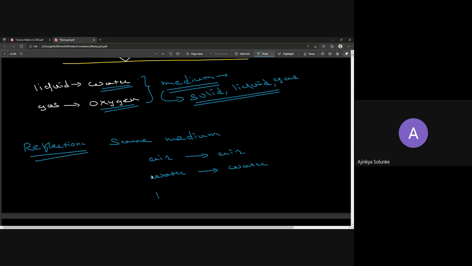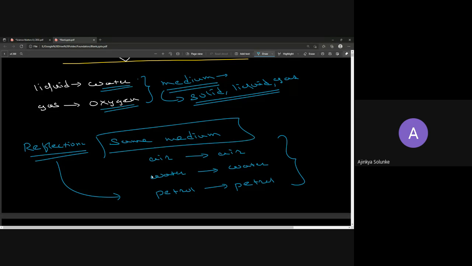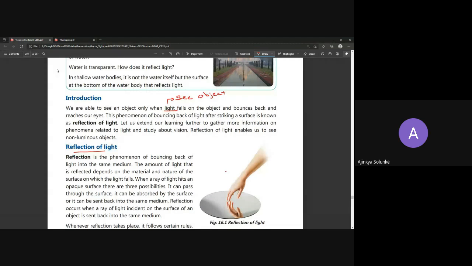What if the light is coming from petrol? It should go where, according to reflection? Petrol itself. That means the medium should not change. The medium should be the same. That's the very basic condition. So can you please underline this line in your book? This is the definition of reflection. Reflection is the phenomenon of bouncing back of the light in the same medium.